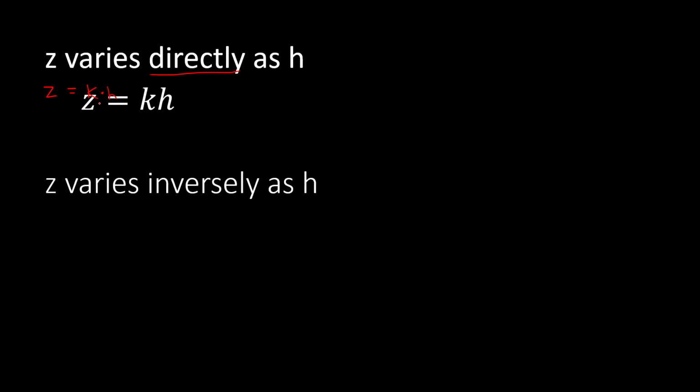Okay, now if you had z varies inversely as h, you take the z, varies inversely, so it's going to be z equals k. Inversely means divide, so k divided by, and then the h comes next. So z equals k divided by h. Okay, here's another example.